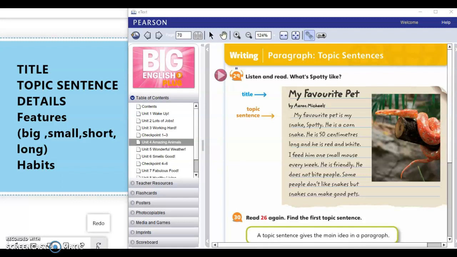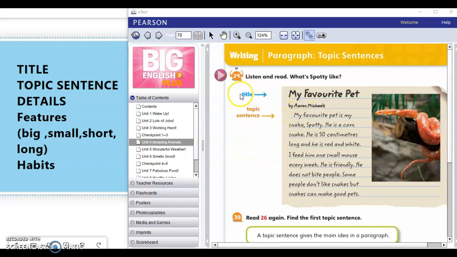Okay, did you find it? So Spotty is friendly.